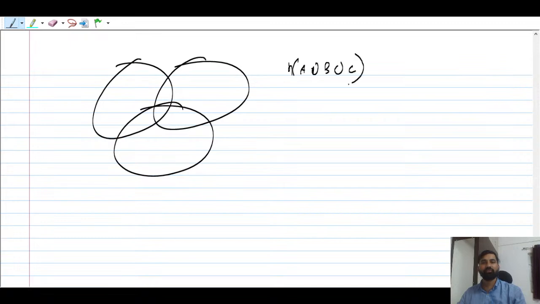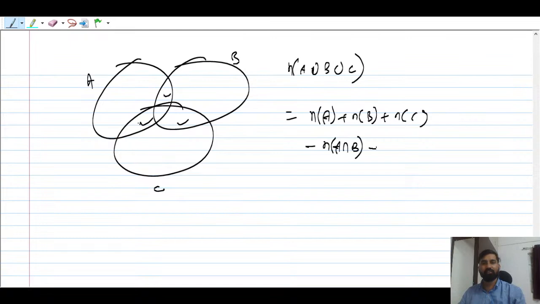First, number of A, number of B, number of C. Then you have over counted this one time, and again you have over counted, so subtract: A intersection B, A intersection C, B intersection C. Many people wonder why we are subtracting these things.